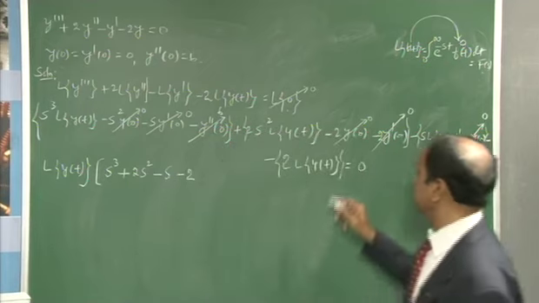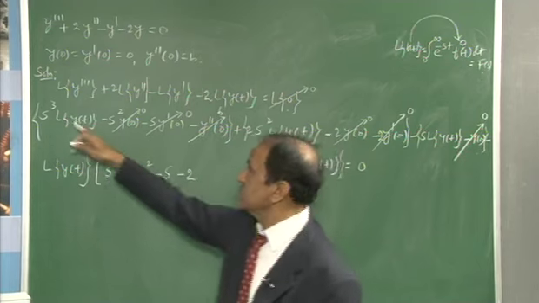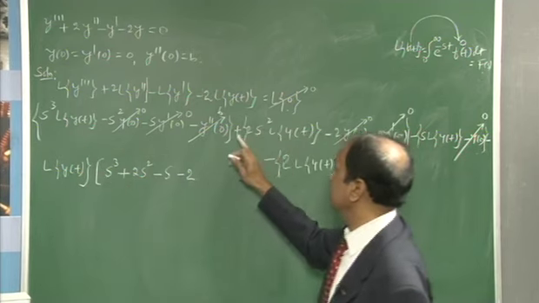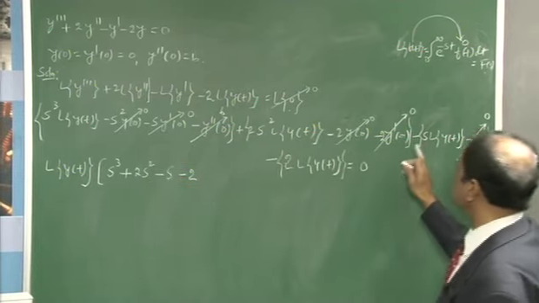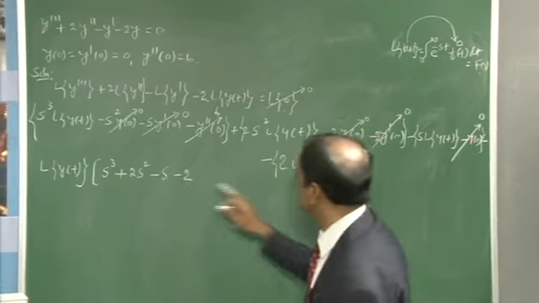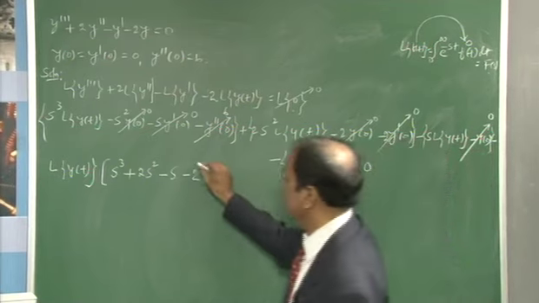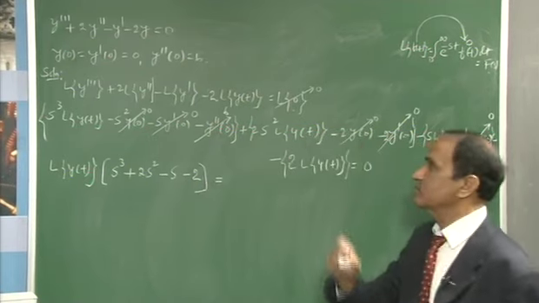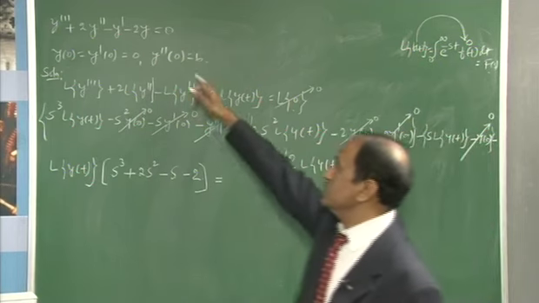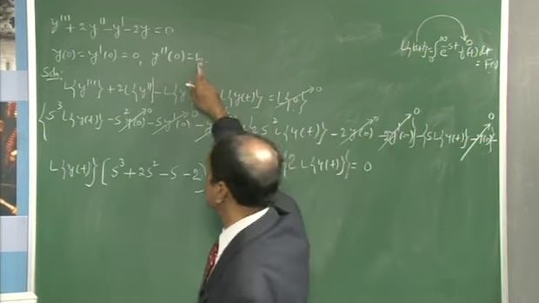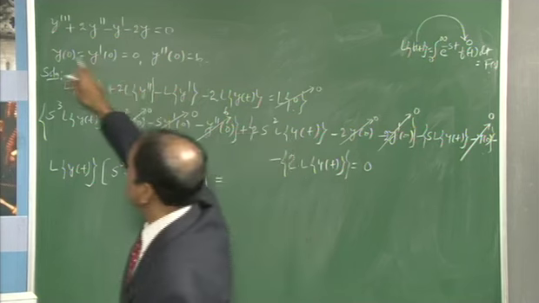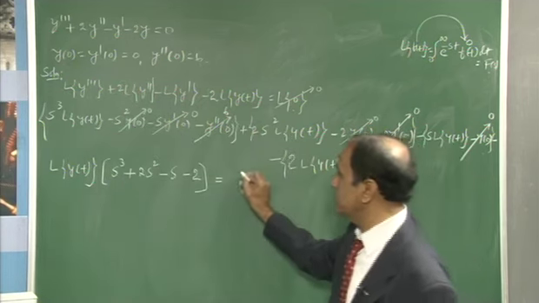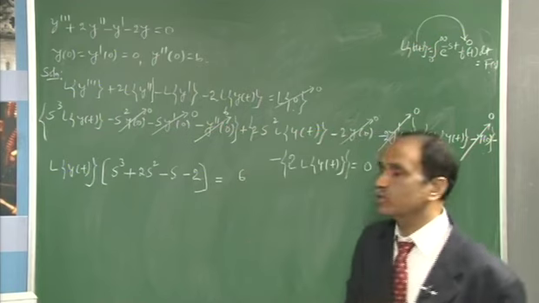Let me check: this is s cube, this is 2s square with a plus sign, this is minus s, and this is minus 2. I close the bracket. That is equal to, only one term you are finally left with, because the initial condition for the second order derivative is not 0, whereas the other two values are 0. Therefore, this minus 6 I take to the right side, which becomes plus 6.